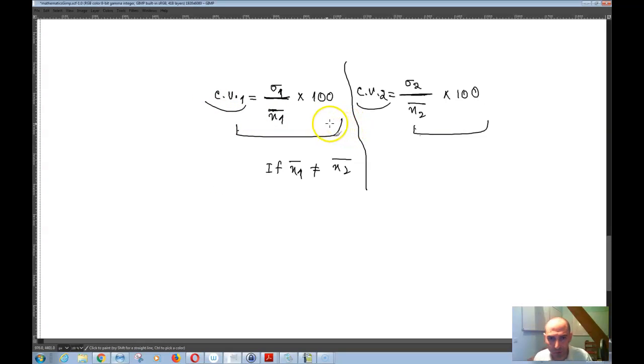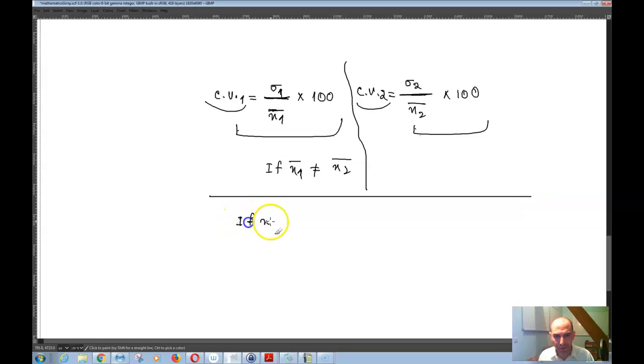And of course, if x 1 bar is equal to x 2 bar, then you don't really need to calculate this.